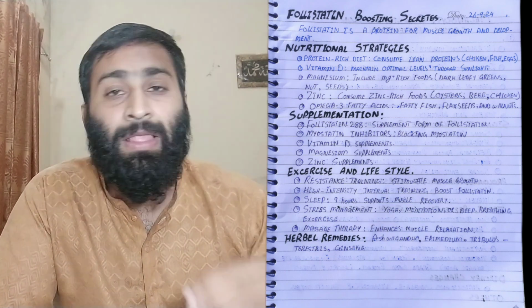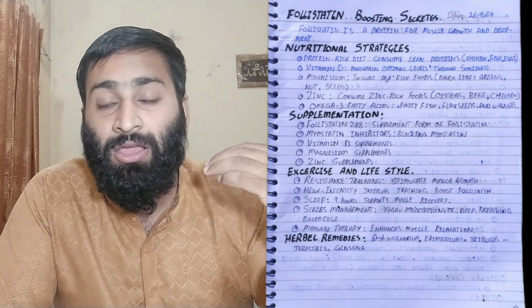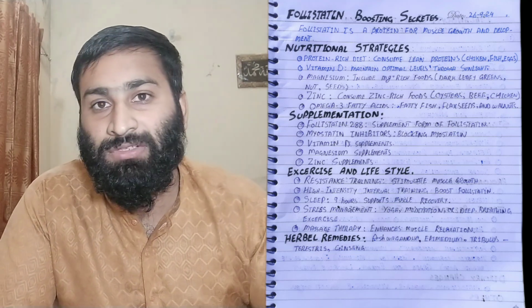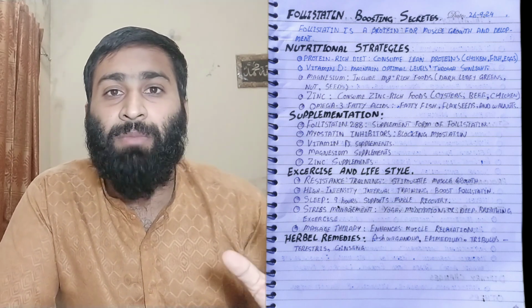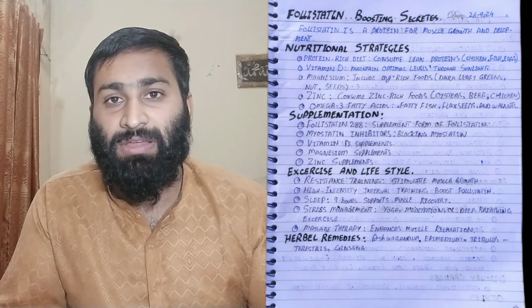The myostatin inhibitor upregulates follistatin, and in this way the muscle will grow. So the inhibitor of myostatin leads to increased muscle growth.